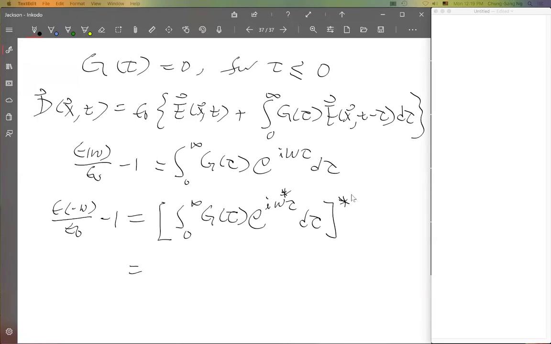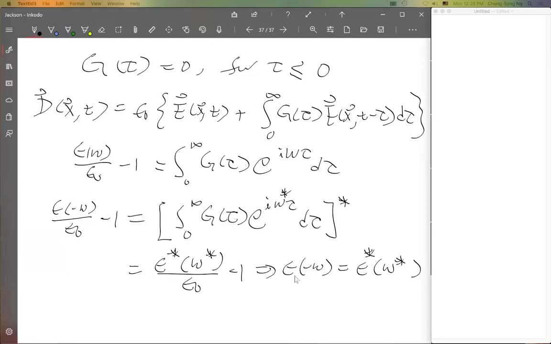So that becomes epsilon complex conjugate, evaluated at omega complex conjugate, divided by epsilon 0 minus 1. Or simplified, epsilon at minus omega is epsilon complex conjugate at omega complex conjugate.